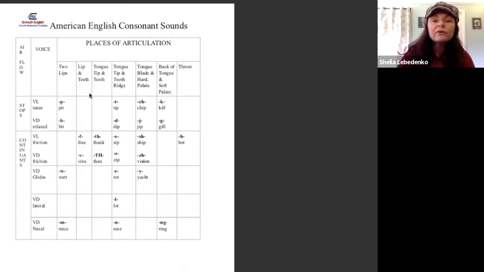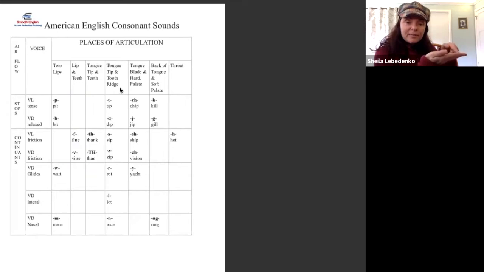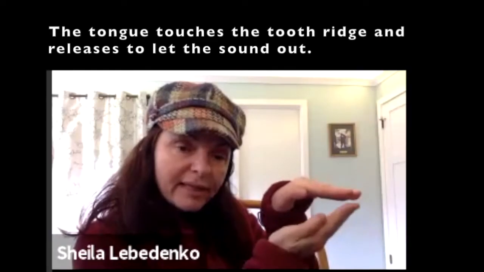Let's move across this row, and we saw that the P and B were made with two lips. Those are my places of articulation. Now, if I move across and I go to tongue tip and tooth ridge, that means I'm going to use the tip of my tongue and the top of my mouth right behind my teeth. So it will look like this.